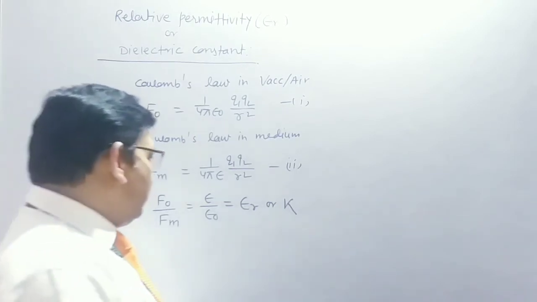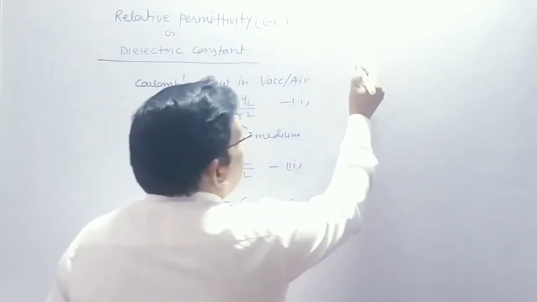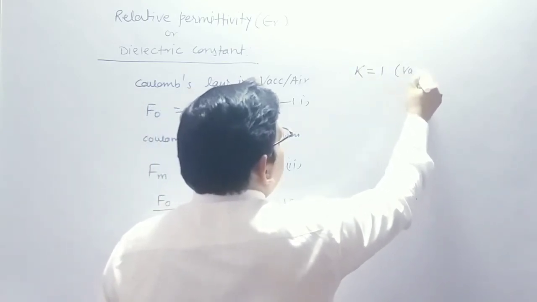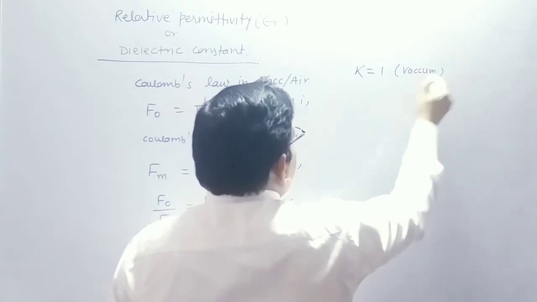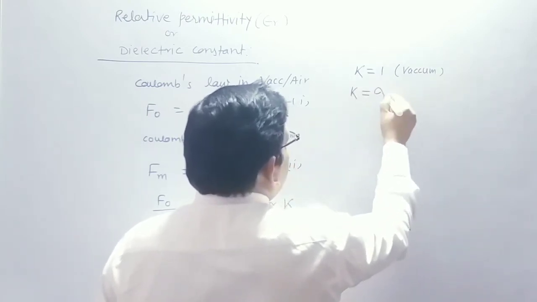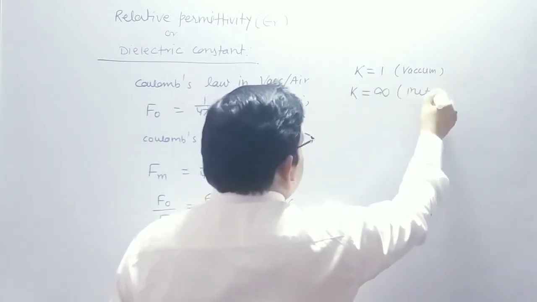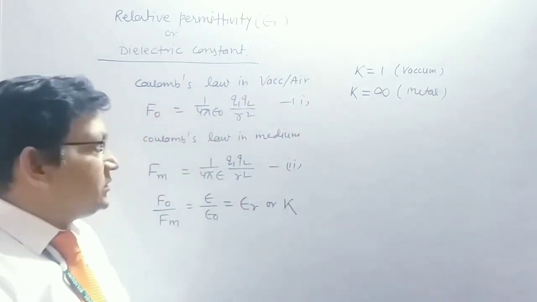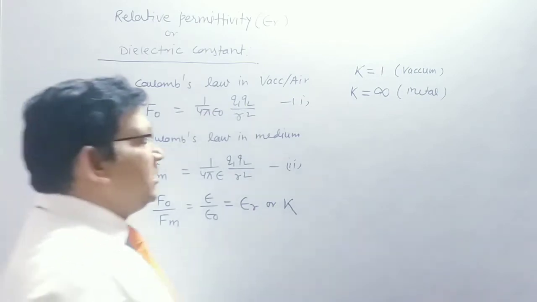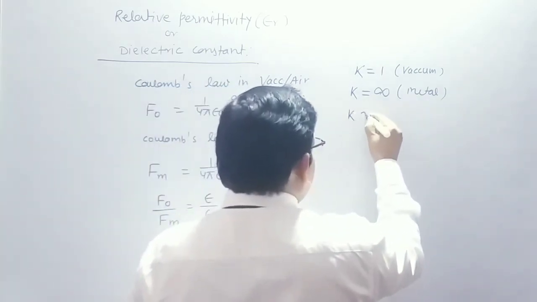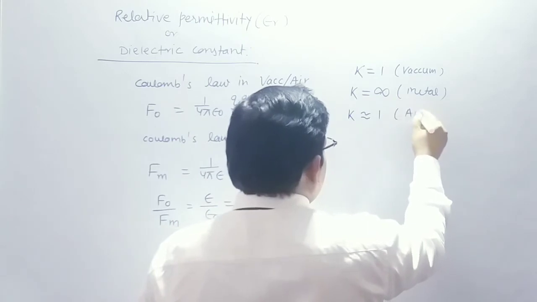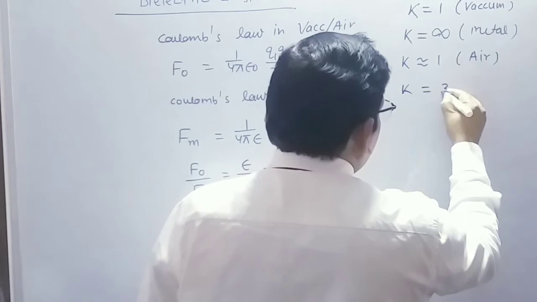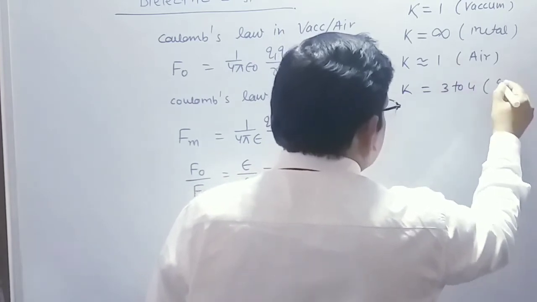Now the value of K is exactly 1 for vacuum, and K is equal to infinity for metals. The value of K is also nearly equal to 1 for air. The value of K is 3 to 4 for glass.